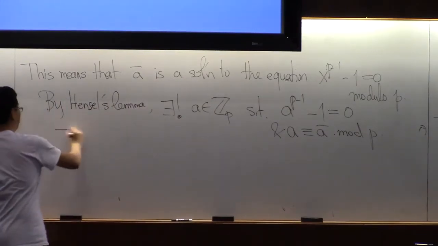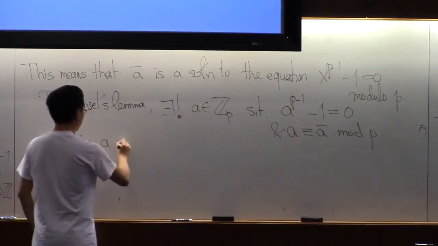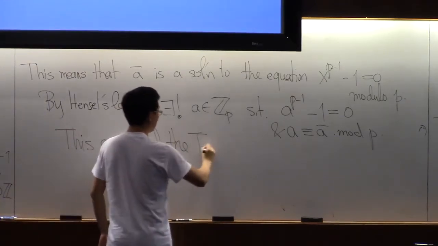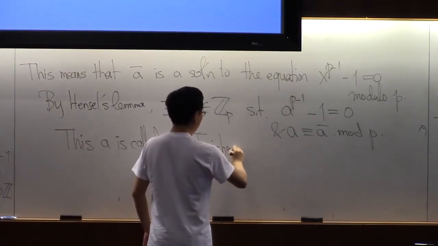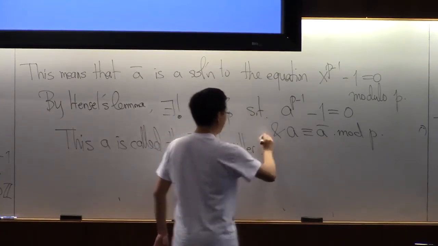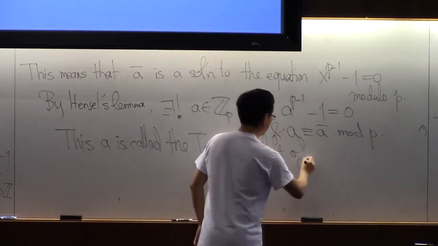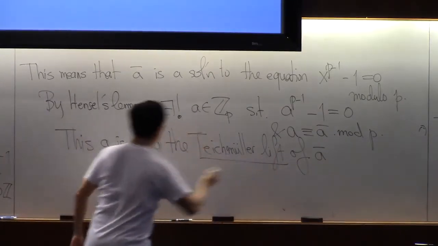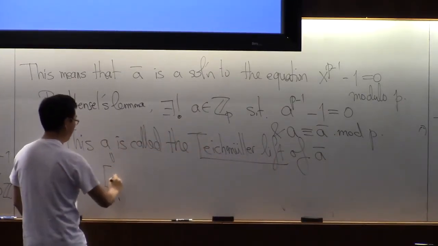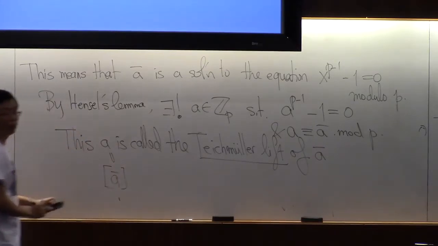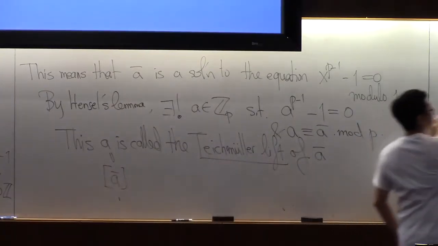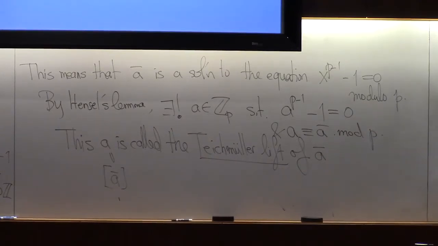So this a is called the Teichmüller lift of a bar. Sometimes I write it with square brackets around a bar, the relatively canonical way of writing the Teichmüller lift.